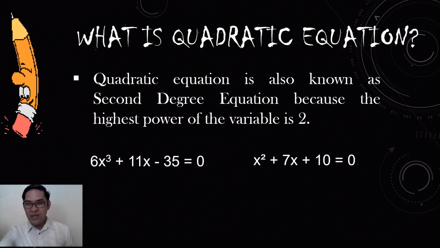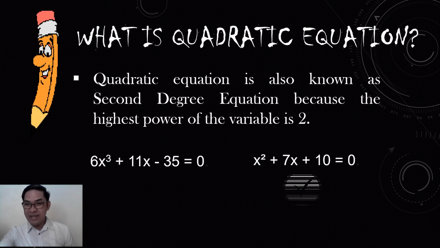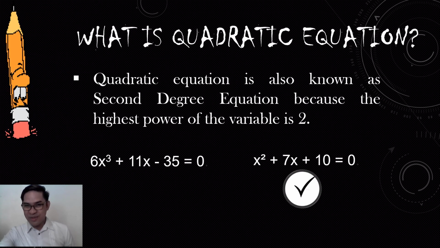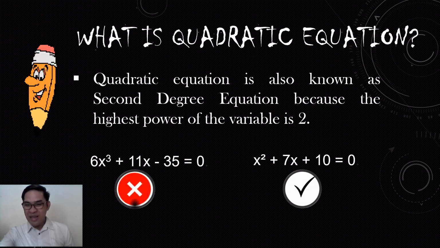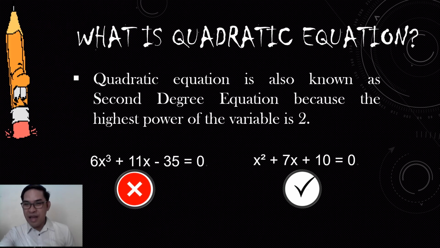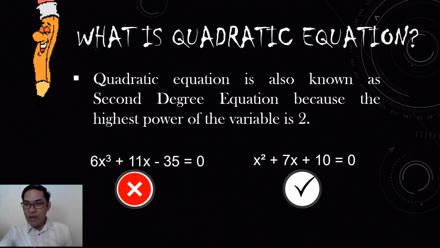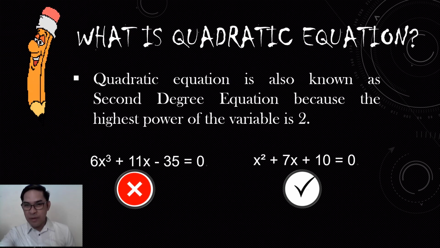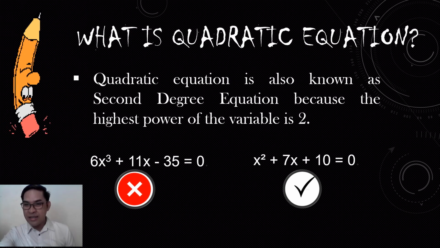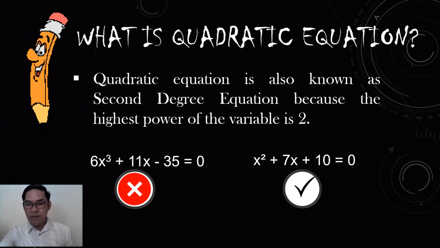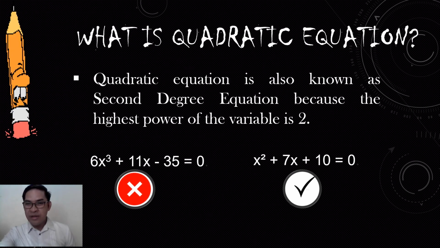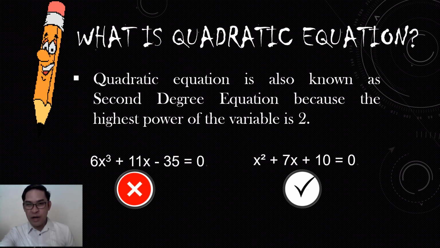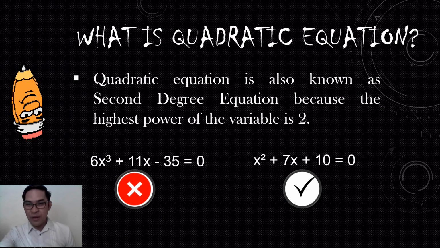Alright, so the correct answer is equation 2. Why? Because based on the definition above, in equation 2, the highest power of the variable x is 2, unlike in equation number 1, where the highest power of the variable x is 3.